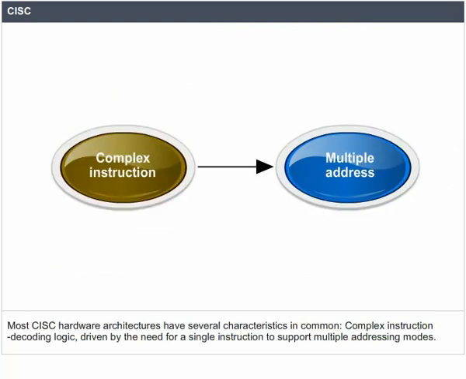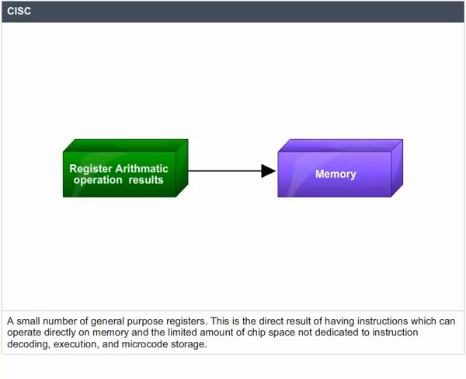Most CISC hardware architectures have several characteristics in common. Complex instruction decoding logic, driven by the need for a single instruction to support multiple addressing modes. A small number of general-purpose registers. This is the direct result of having instructions which can operate directly on memory and the limited amount of chip space not dedicated to instruction decoding, execution, and microcode storage.